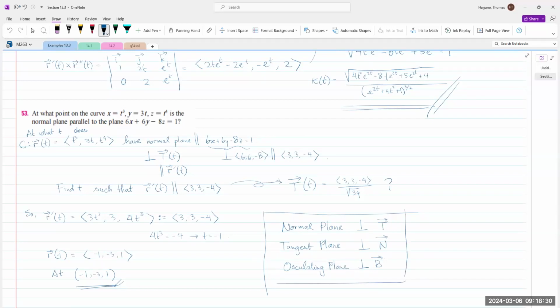Remember this. Let's go on to the next question. Oh, by the way, I think I want to say that tangent plane is also called rectifying plane. I don't know if I mentioned this before, rectifying plane.